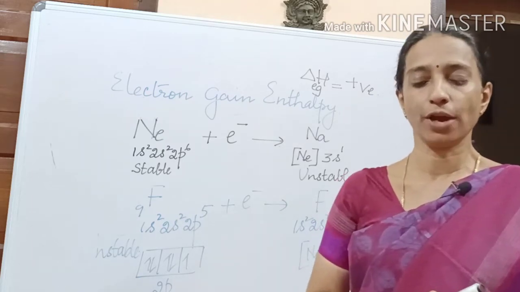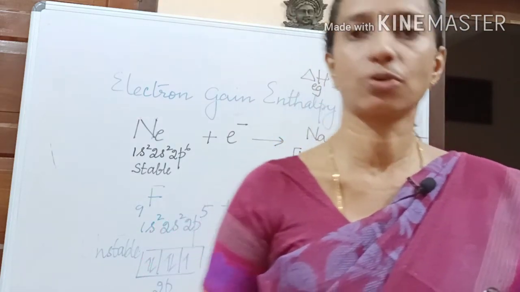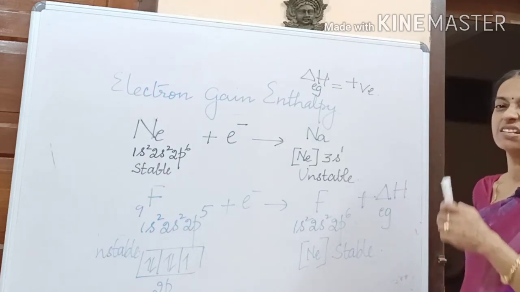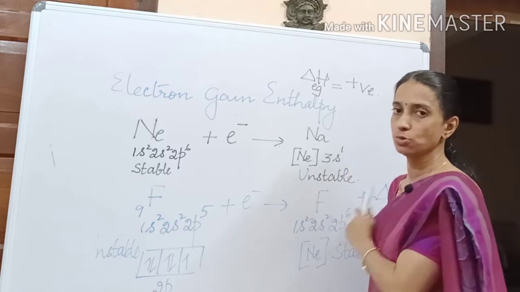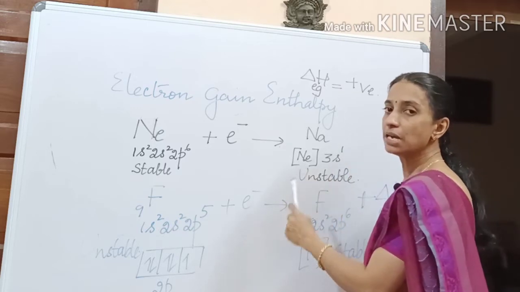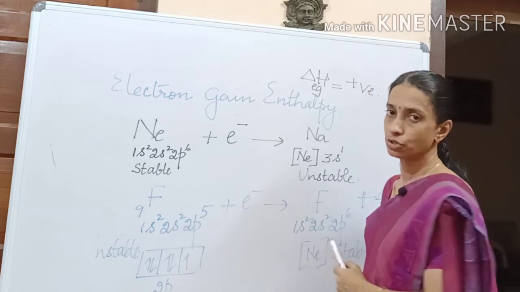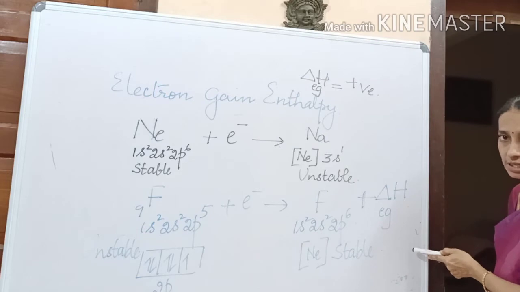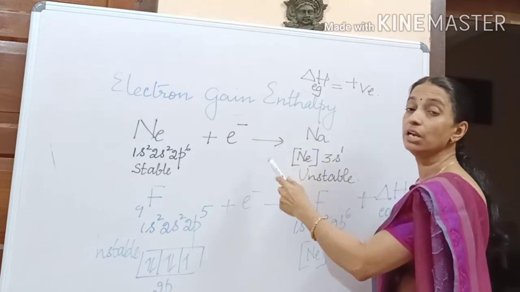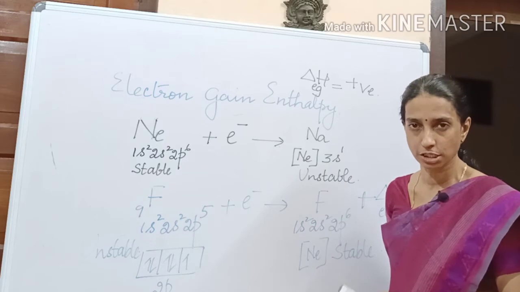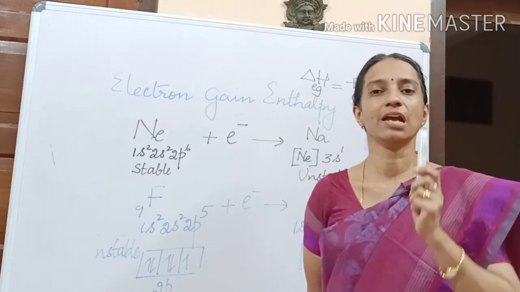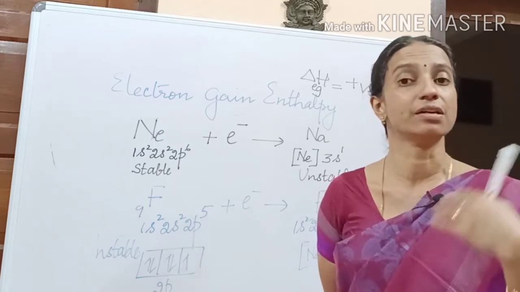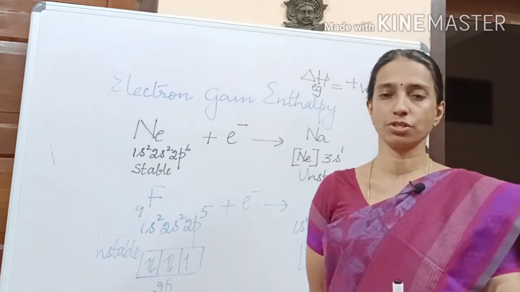So what can you find about the trend in electron gain enthalpy? So what is electron gain enthalpy? It is the energy that is associated when an electron is added to a gaseous neutral atom. In some cases, it may result in release of energy. In some cases, it will result in absorption of energy. That is why we never say that electron gain enthalpy is the energy released. It can be either release or absorption of energy.